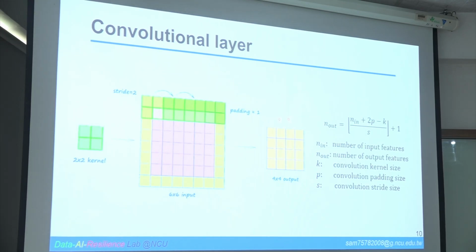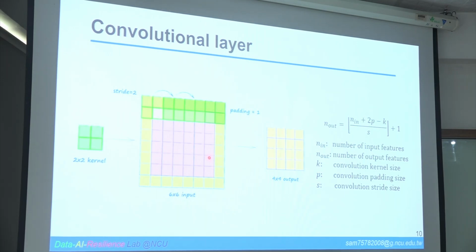And here is the formula. Suppose we have an input size, and because this is a square matrix, for your images, generally the input is 256 by 256 by 3 channels, RGB channels, or 128 by 128 by 3.